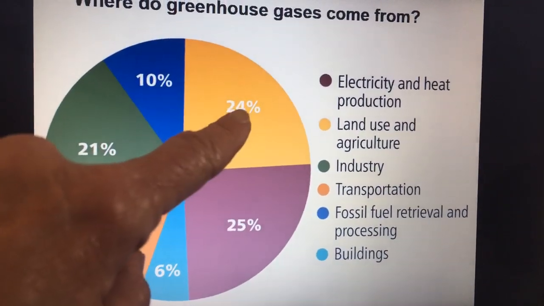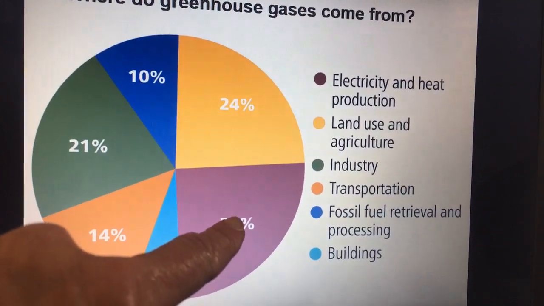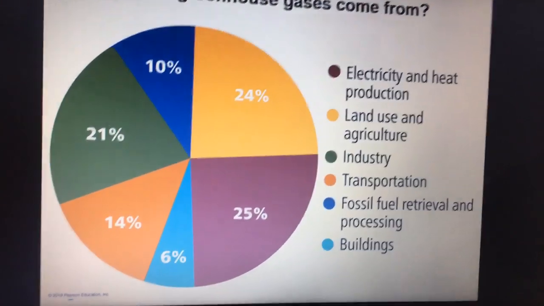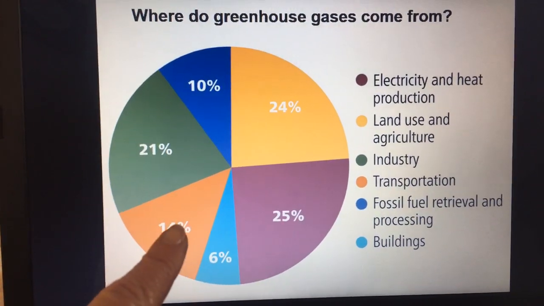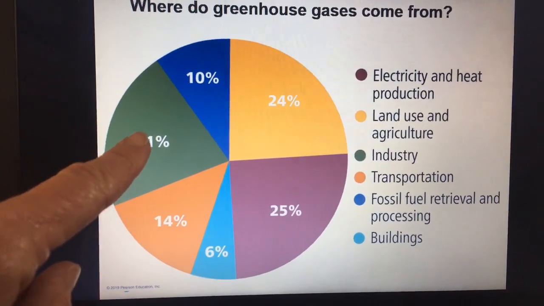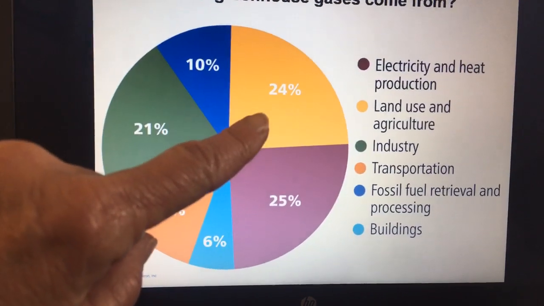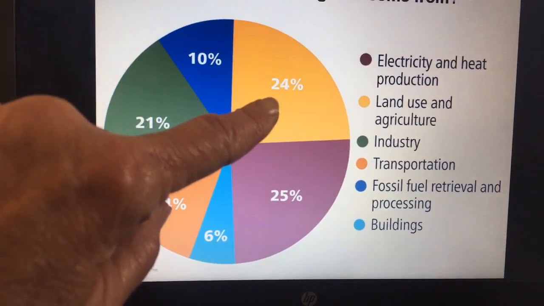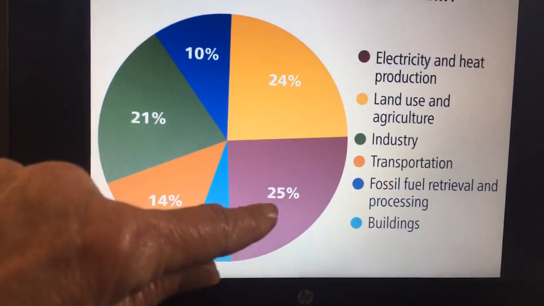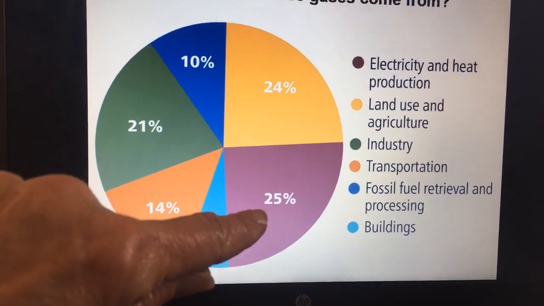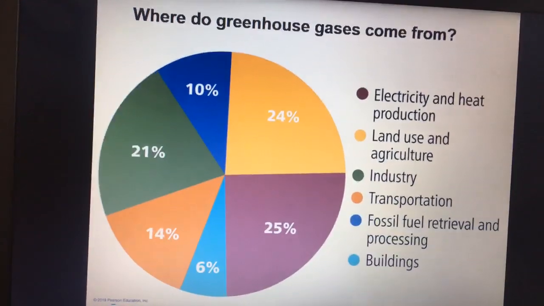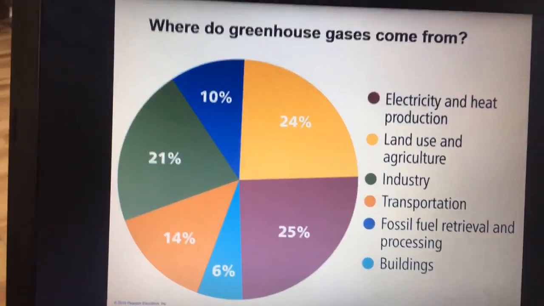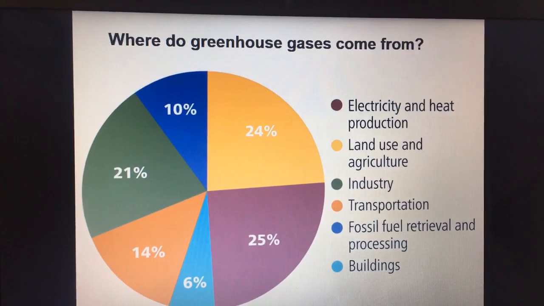And when you look at agriculture and electricity and heat production, that's 50% of where greenhouse gases come from. Transportation is here, and industry is here. So how we grow our food and how much meat we consume and how we generate our electricity and produce the heat that we need, these two things can impact greenhouse gases in a way much more than the kind of car that you drive.